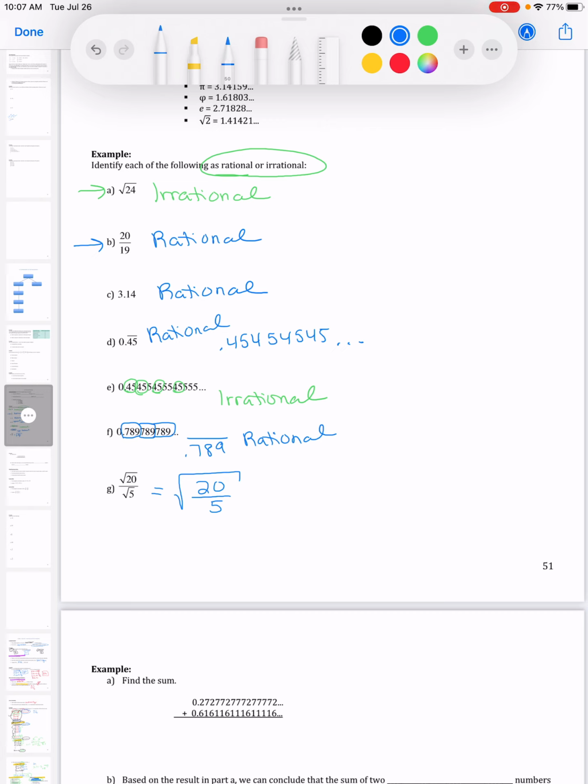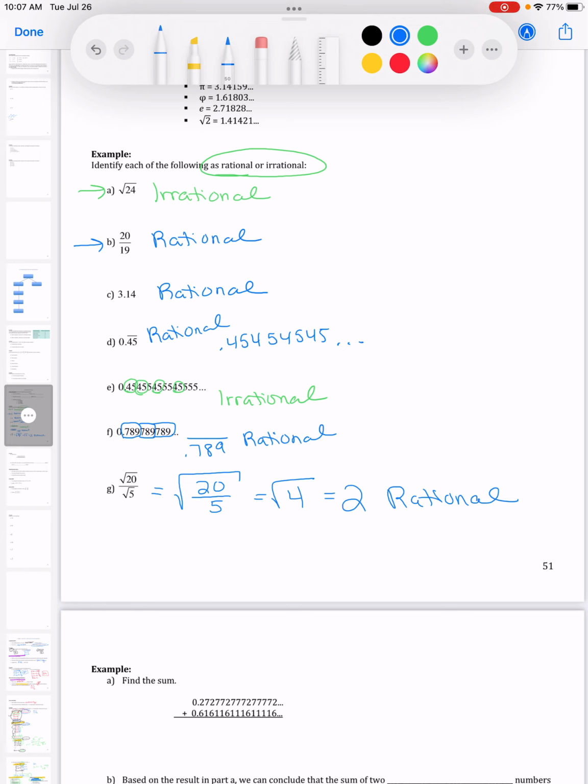So I can take those two separate square roots and just combine them into one square root. 20 over 5 is 4. 20 divided by 5 is 4. And now it's going to work similar to A up at the top. I can type that in, or maybe I know what the square root of 4 is. It is 2. So anytime I get a nice whole number, a perfect square answer, then my answer is going to be rational. And we'll get some more practice with those square roots, like I said, in just a second.